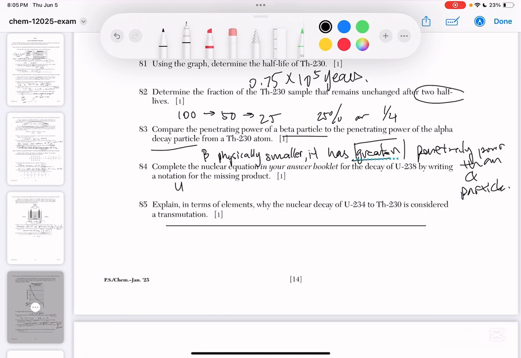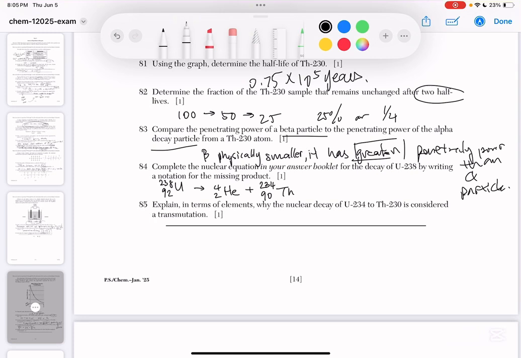So this is alpha decay. Okay, I'm not sure if this is what you're supposed to do, because I don't want to pull up an answer booklet, but I think this should be right.